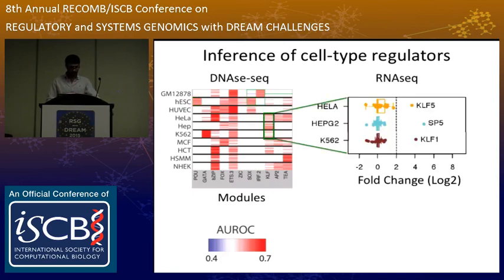But what was quite interesting is that if we zoom in on each of them, like in KLF, and we match this with RNA-seq data, we see that typically just one transcription factor is popping up as responsible for this opening of the chromatin.